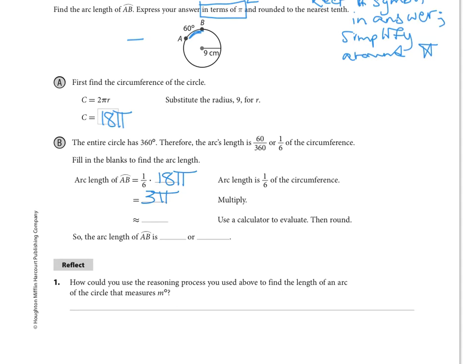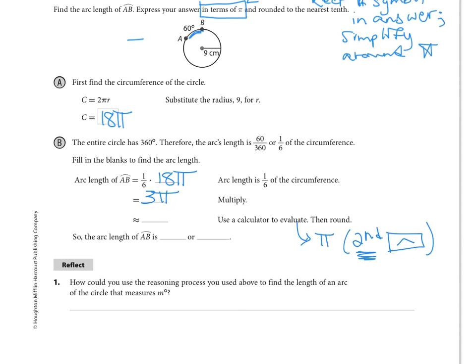And then we're going to use a calculator to evaluate. In this case, we're using the pi key, which is the second function button, and then your caret key right above the operator keys, meaning add, subtract, multiply, divide. If we do second function and then the caret key, that's going to paste a pi symbol in there.